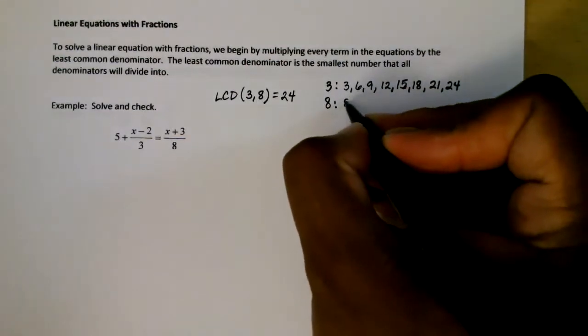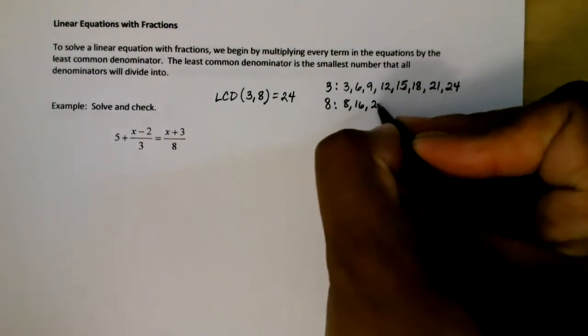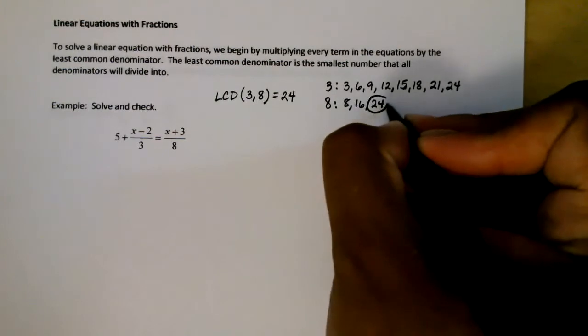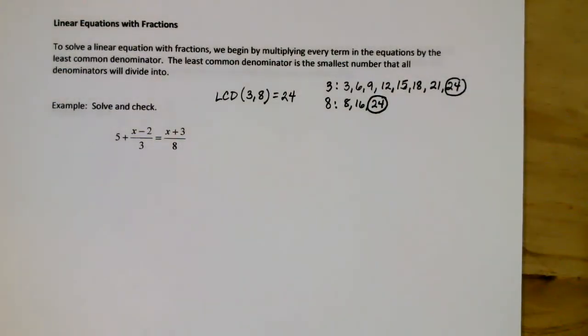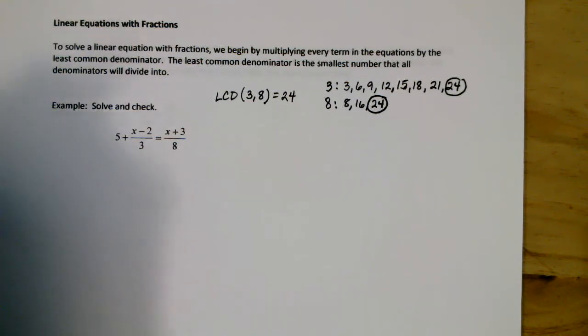And then for 8, you have 8, 16, 24. I'll stop at 24 because notice 24 is in both of these. So 24 has to be the least common denominator.